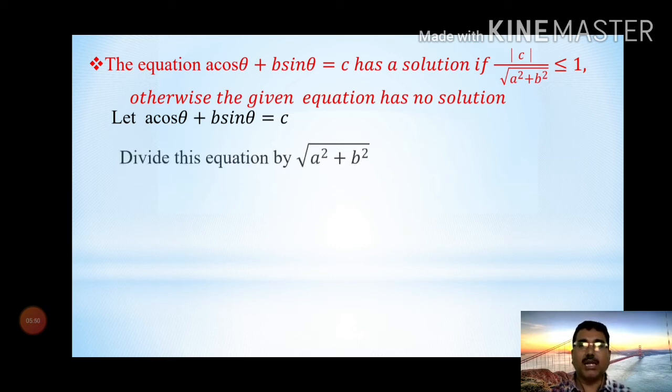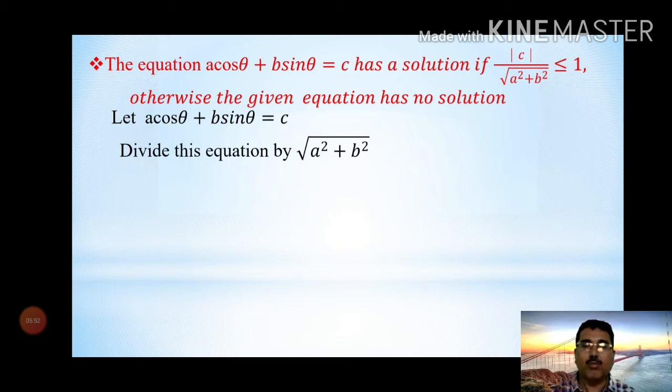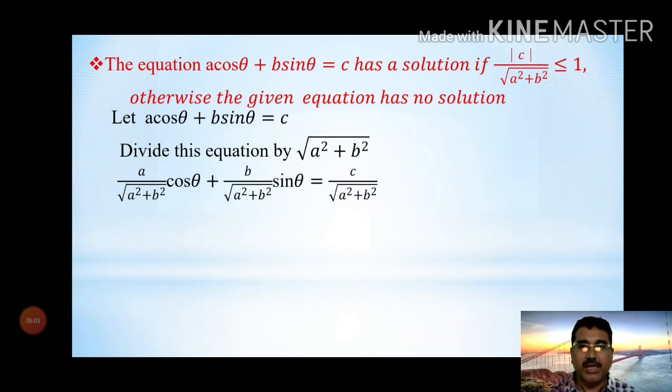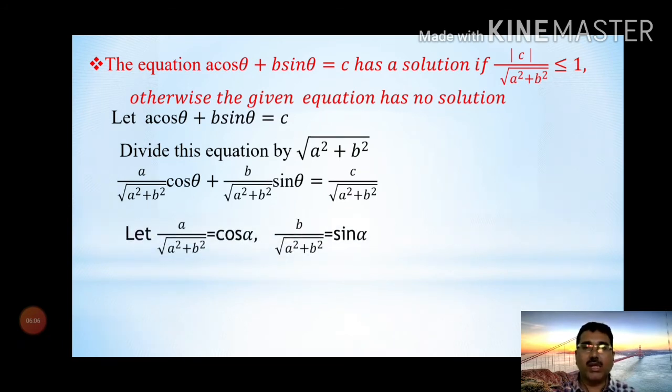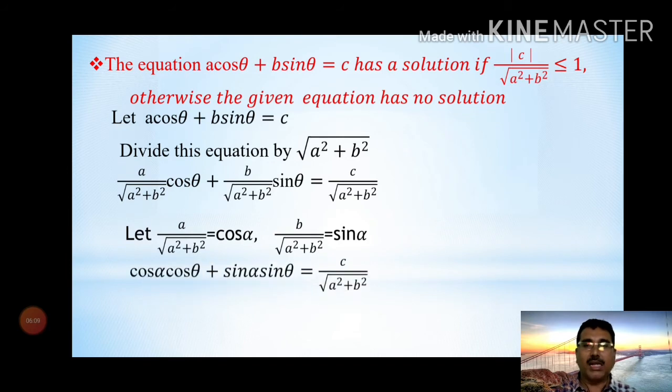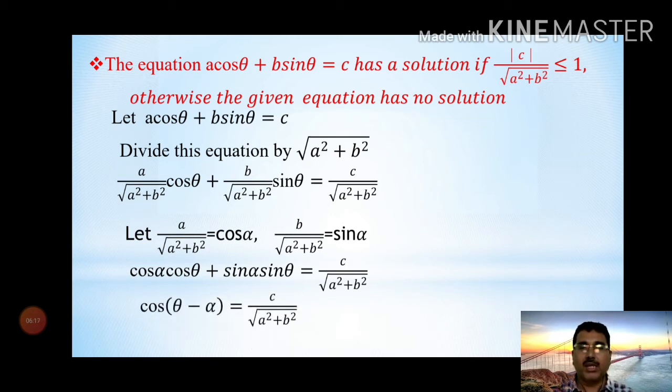Now divide this equation by root of A square plus B square. The given equation can be converted into cos of A minus B form or sine of A plus B form. Therefore, cos of theta minus alpha is equal to C by square root of A square plus B square.